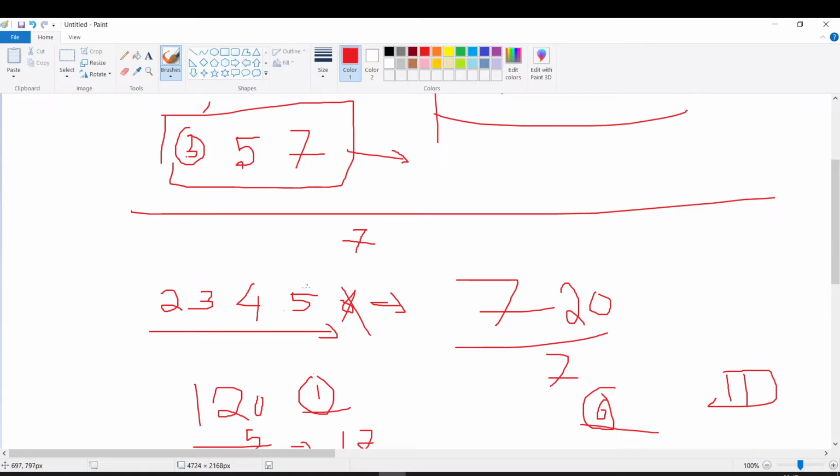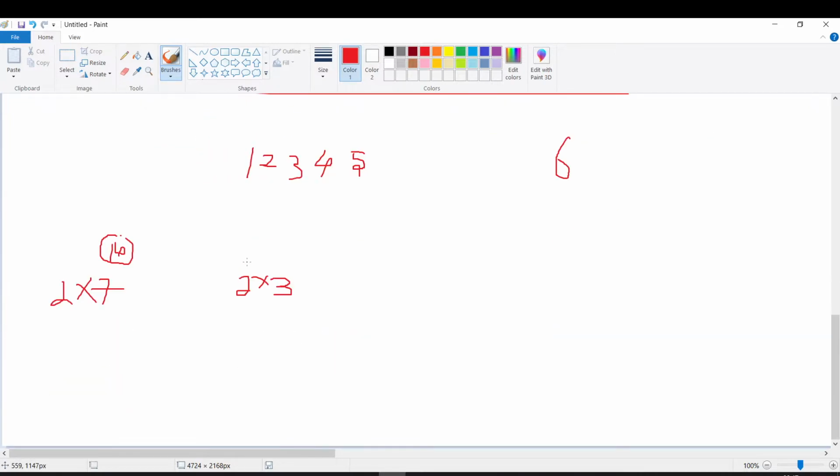By taking this, I'm getting 1, but will it always be satisfied?